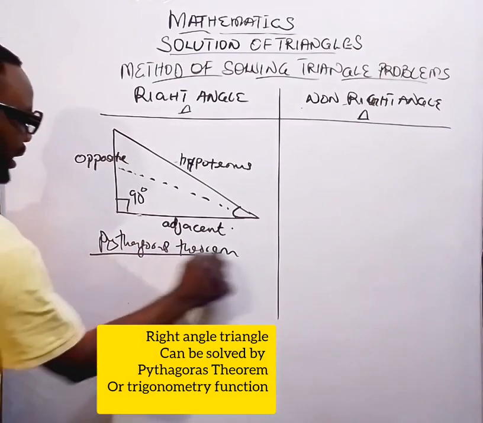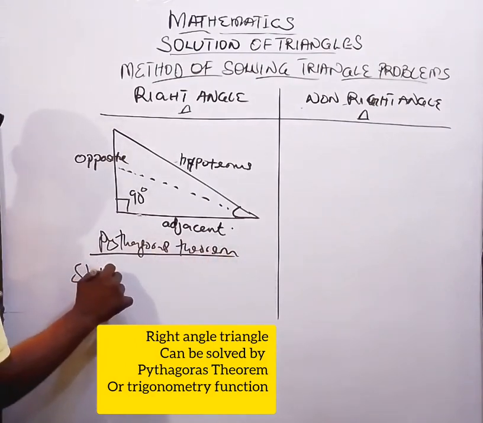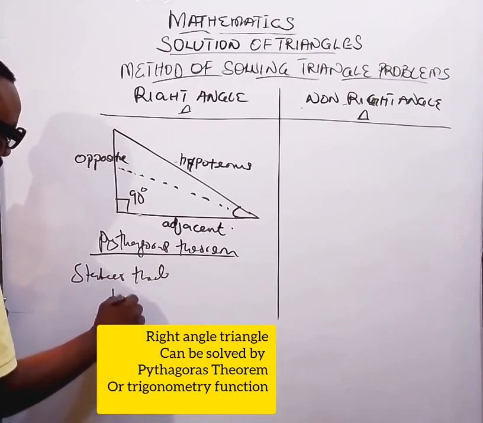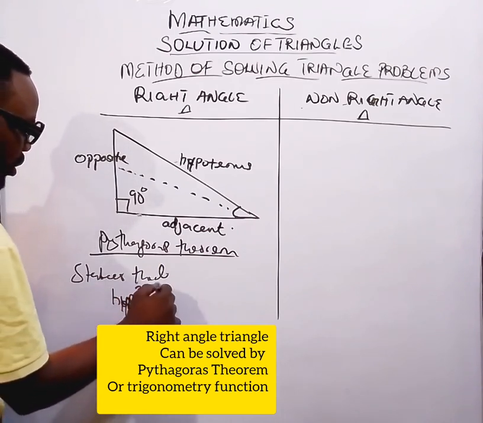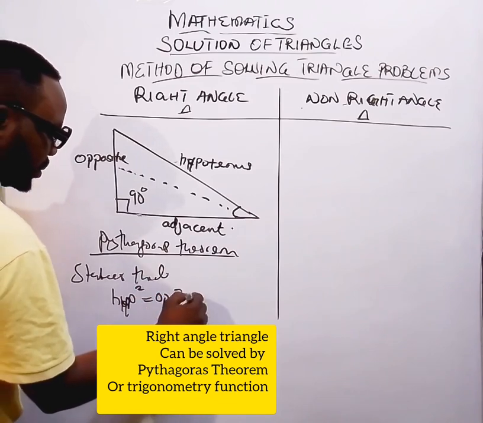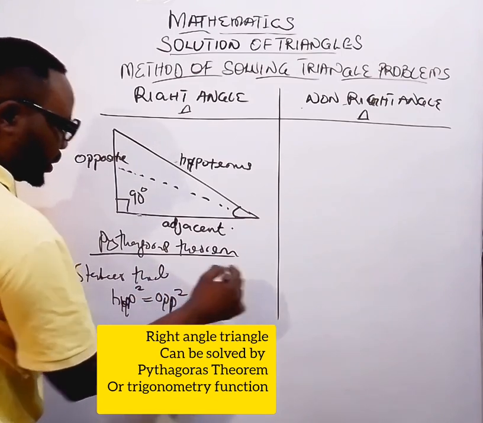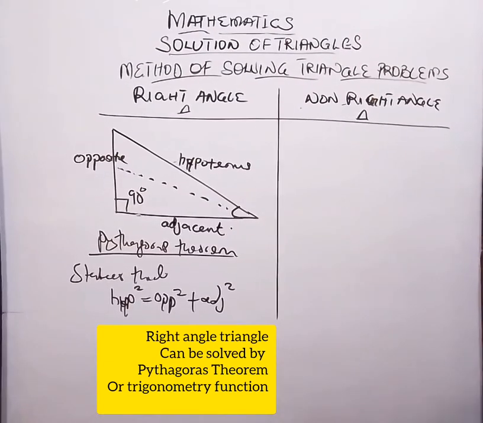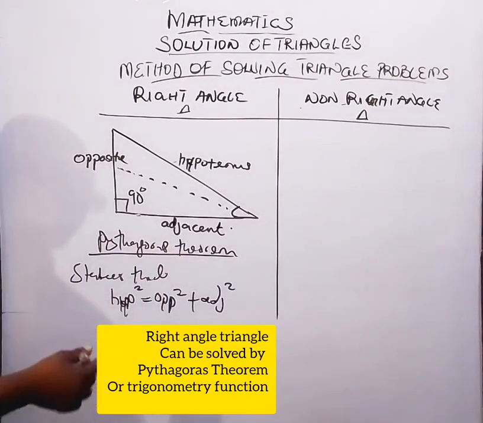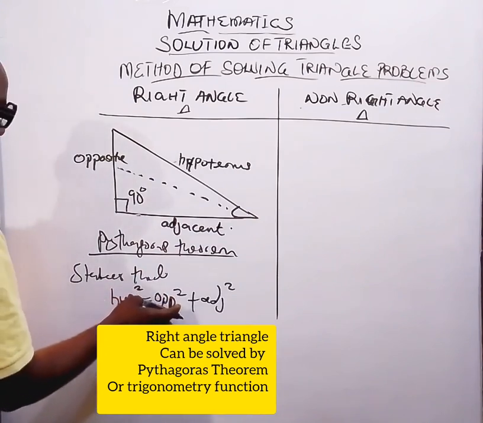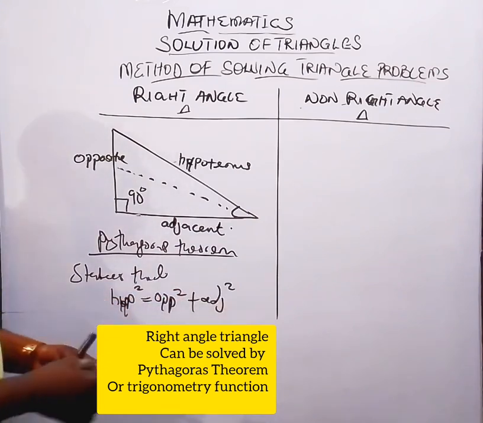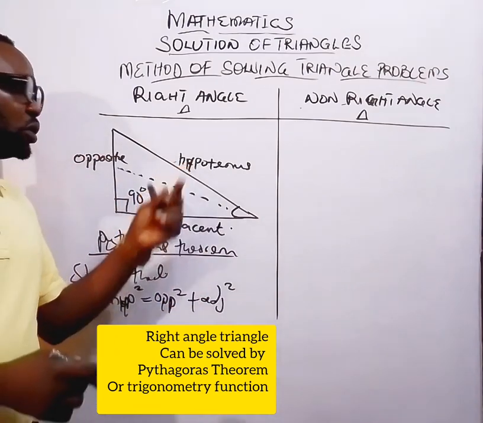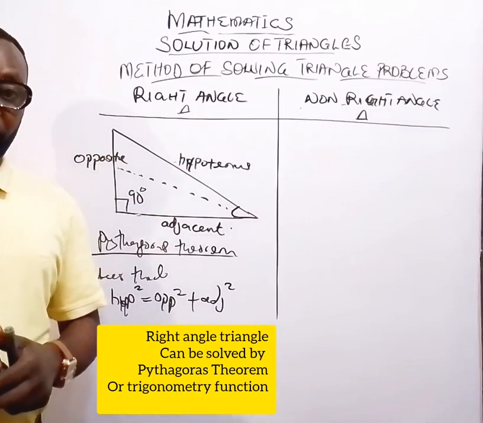Pythagoras theorem states as follows: hypotenuse square is equal to opposite square plus adjacent square. In other words, if two sides are given to us, for us to find the third side will be very, very easy.